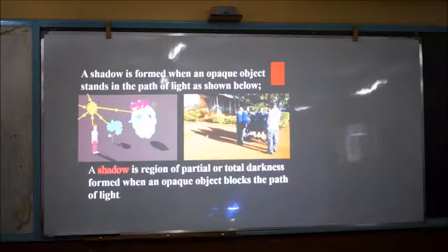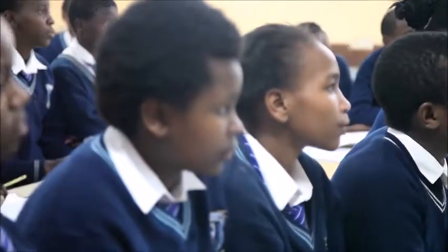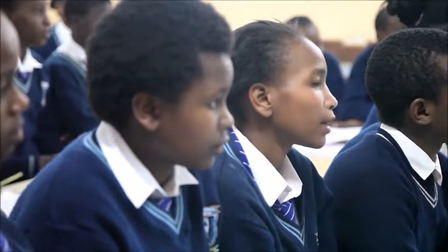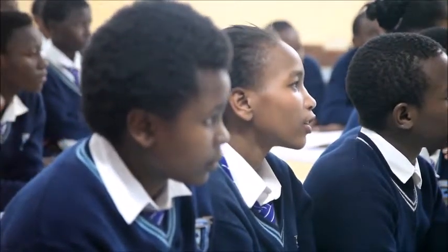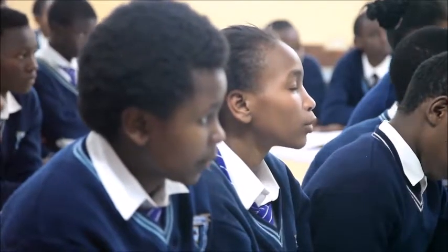So in totality, what can we define a shadow as? Somebody to read for us here. Yes, Grace. A shadow is a region of partial or total darkness formed when an opaque object blocks the path of light. Come up again. A shadow is a region of partial or total darkness formed when an opaque object blocks the path of light. Very good.